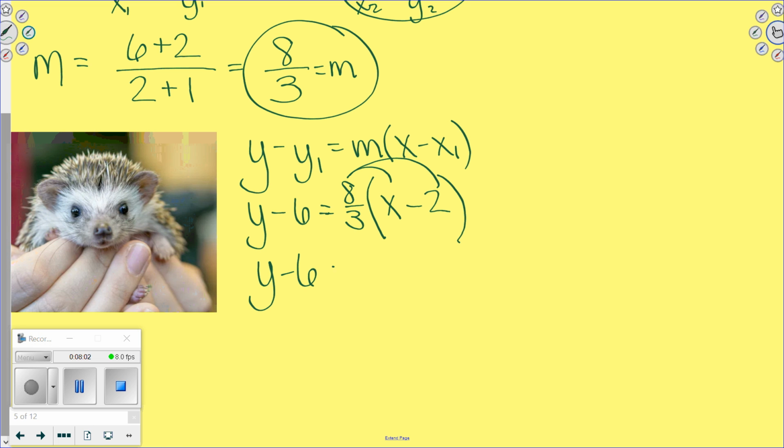All right, from here, we'll distribute. So y minus 6, we get 8/3 x minus, what is 8/3 times 2? Guys, you have calculators. If you don't know it, do it in your calculator. 16/3?